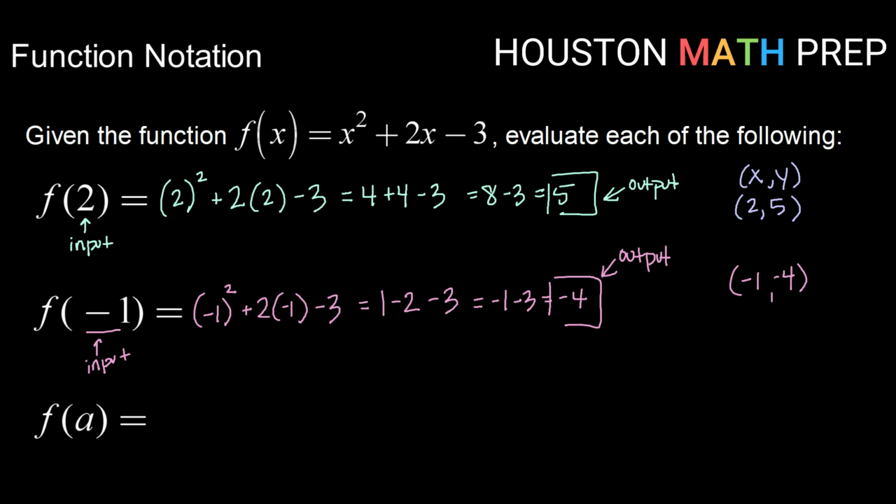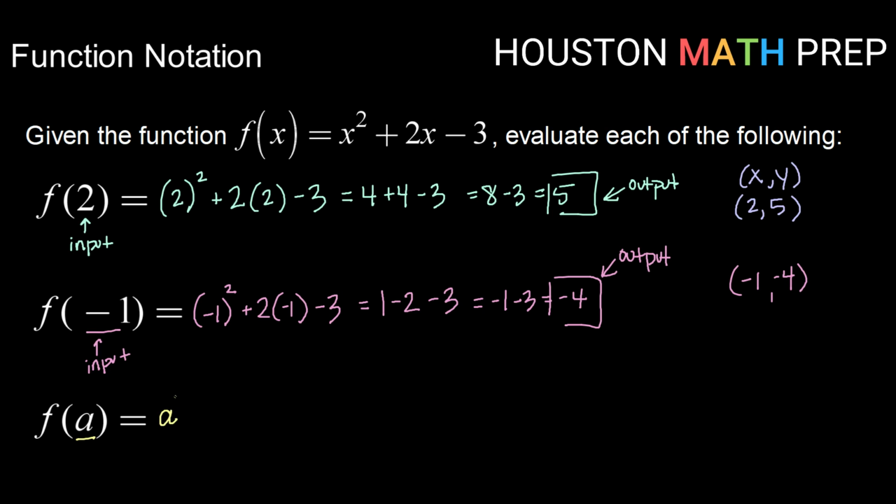Okay, and one final one for this particular function. What if we found f of a? So notice here, now I'm replacing my input of x with not a number, but another variable. It doesn't change what we do. We still take our definition and we replace the input of x with the input of a.